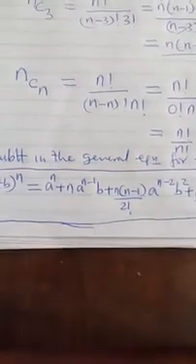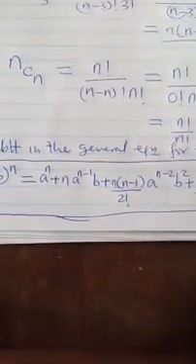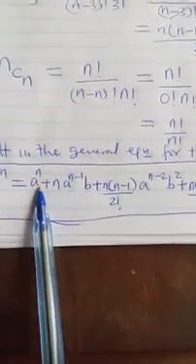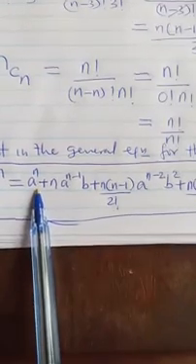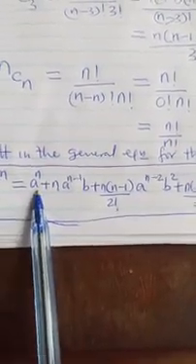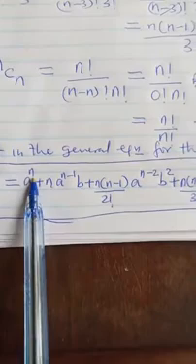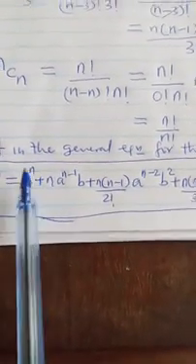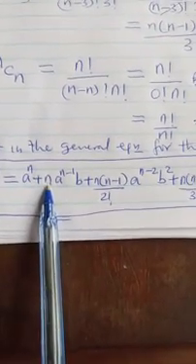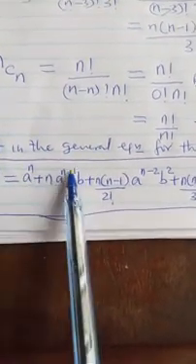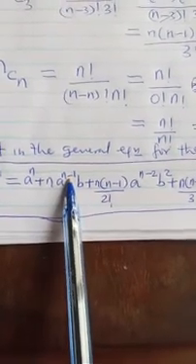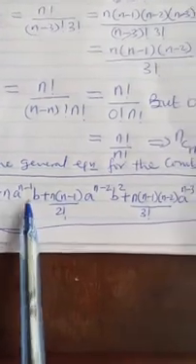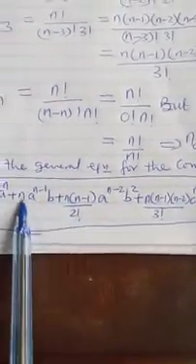One of the concepts that we looked at is differentiation. If I have the first term as a to the power n, there is no b, but to get the second term, I differentiate the first term. If I differentiate this, I get n, which you see here on the second term, and the power of a decreases by 1. Do you see that? Then I add a b. To get the third term, I differentiate the second term.